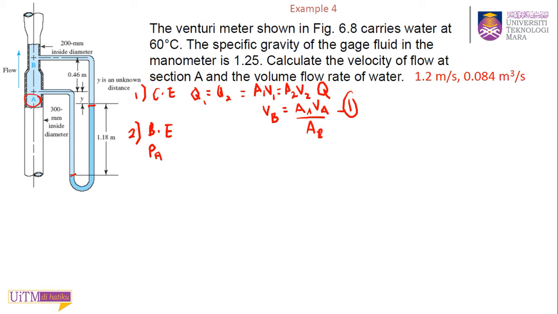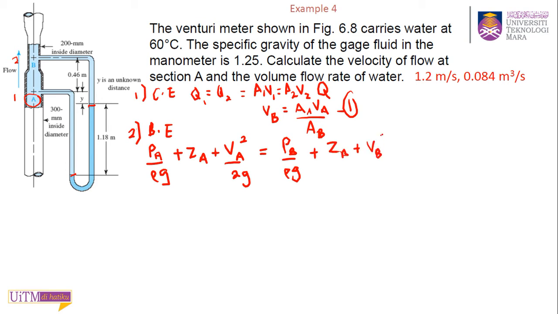So this is point A and point B. Point 1, point 2, or point A, point B. So at point A: pressure PA over rho G plus ZA plus VA squared over 2G equal to PB over rho G plus ZB plus VB squared over 2G.